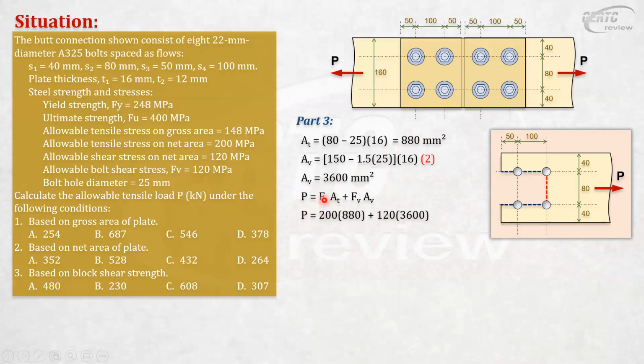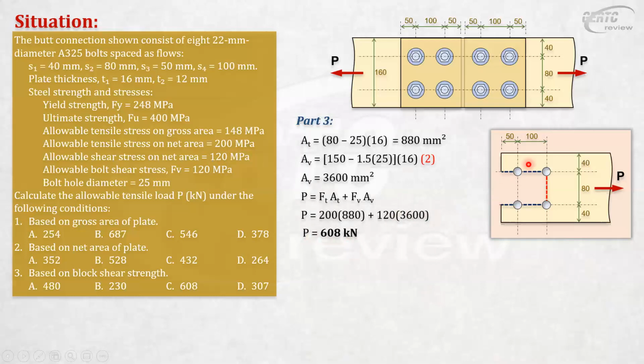Did you get this? This is the allowable tensile stress on net area, not the gross area. This is the net area for tension, and this is the allowable stress for shear. So that will give you P equals 608 kilonewton. Actually, that should be an inequality. It must not exceed 608.